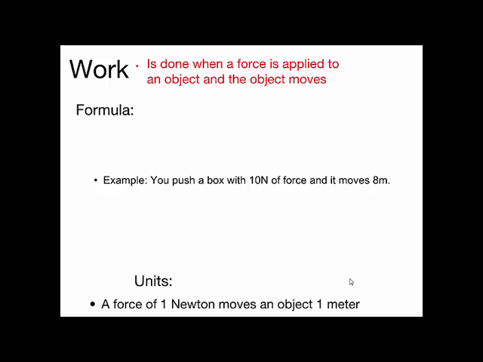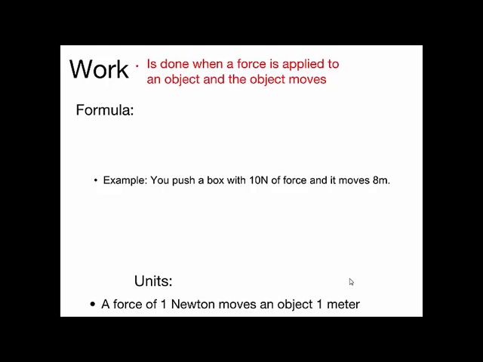If I push this desk, I've done a small amount of work. What about if I push on the wall? Am I doing any work? No. I'm exerting a force, but there's no movement, so no work is actually being done.